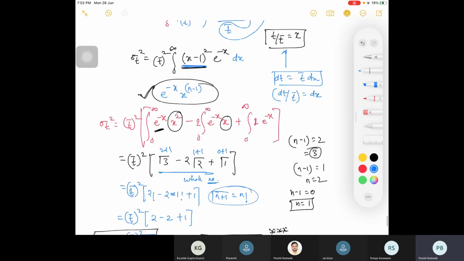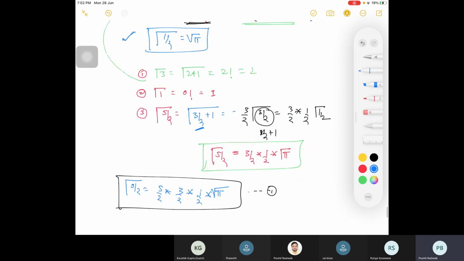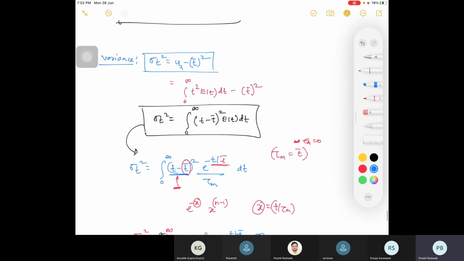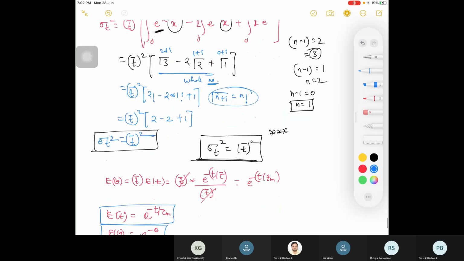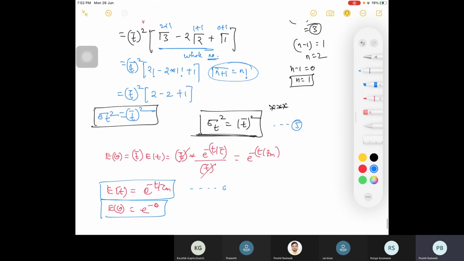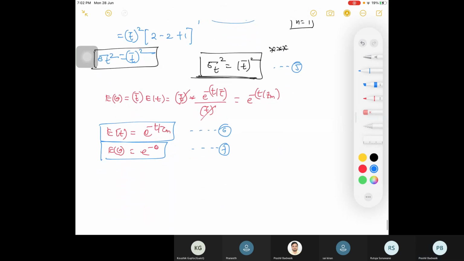Please give numbers to these equations. Equation 4 was your t mean, then your sigma t square is equation 5. This is your equation 6. This is your equation 7. Everywhere we'll calculate the same. What is your f of theta then? Sir, E t is equal to e power minus t by tau m divided by tau m.